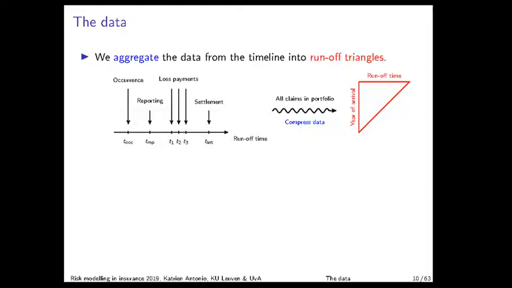Now, what actuaries typically do is they aggregate the information from these individual developments across all claims in a portfolio. This aggregation leads to data structured in a triangular format as shown on the right-hand side in the graph. Such data are called aggregate data or macro-level data, since each cell in the triangle contains aggregated information from the development of multiple claims.